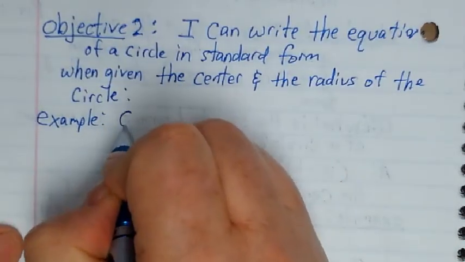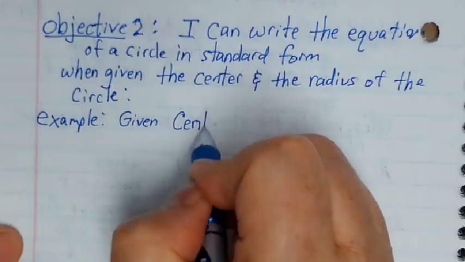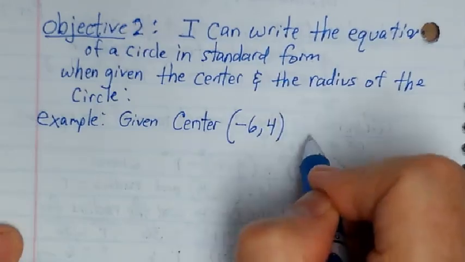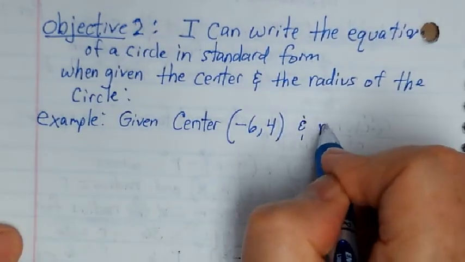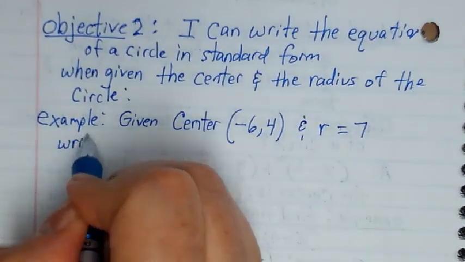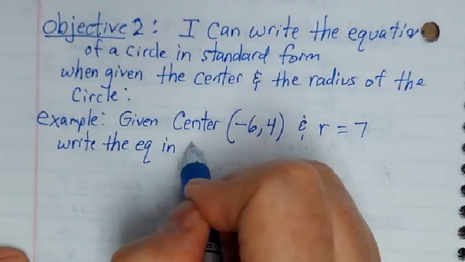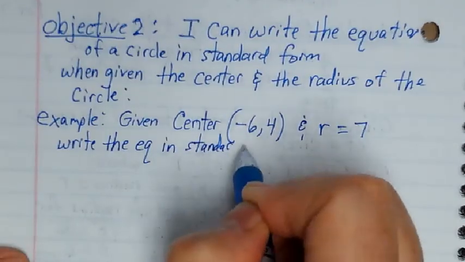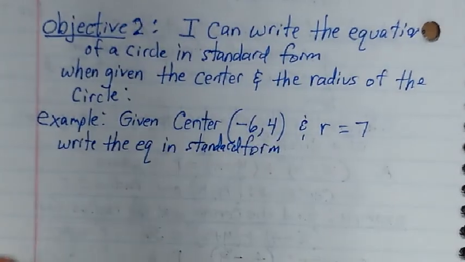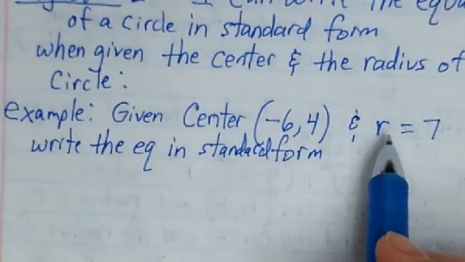Given the center negative 6, 4, and radius equals 7, write the equation in standard form. If I have the center at negative 6, 4, I get the radius of 7. Write the equation in standard form. Don't call it out, just try to write it.